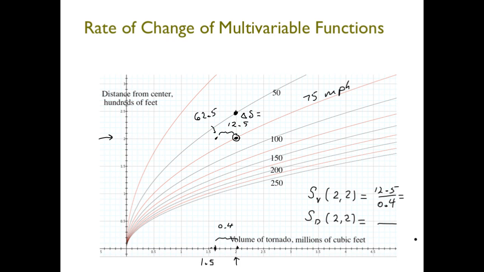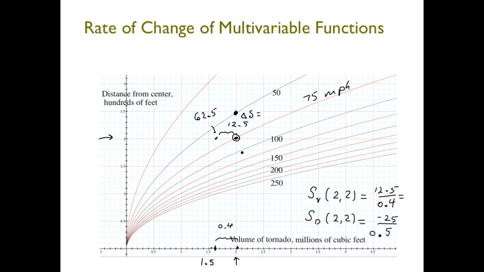What's the change in wind speed? 25, right? Minus 25, good. Minus 25, because this is getting lower speed. Minus 25 per 0.5 hundred feet. Now look at what's happening on the other side.